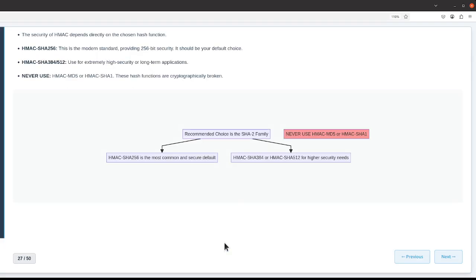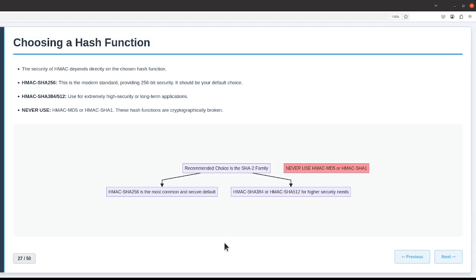Choosing a hash function. The H in HMAC stands for hash, and you must choose which hash function to use. The security of your HMAC tag is directly tied to the security of the hash function you select. In modern applications, you should almost always choose a member of the SHA-2 family. HMAC SHA-256 is the most common and widely supported choice.